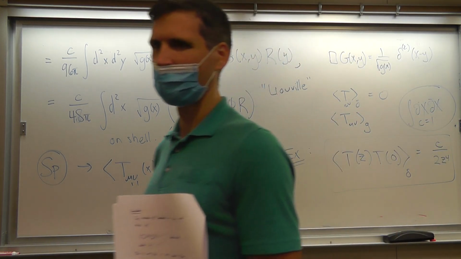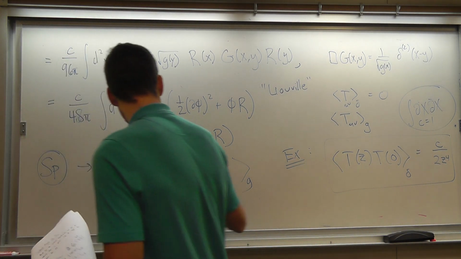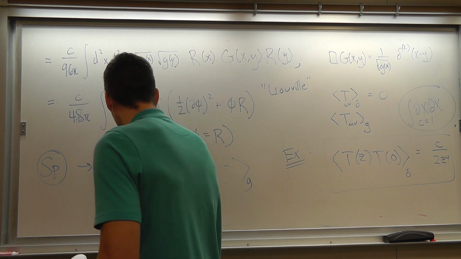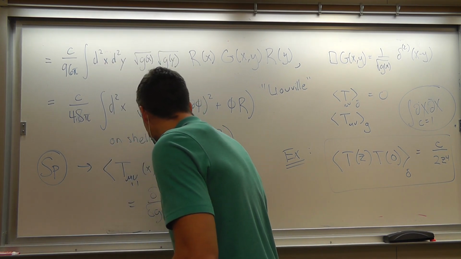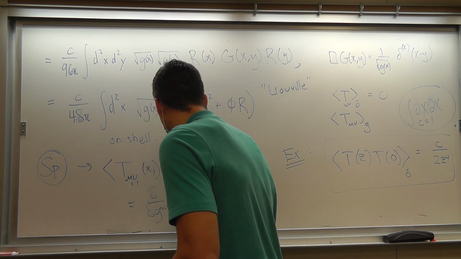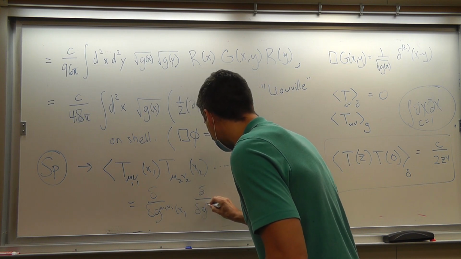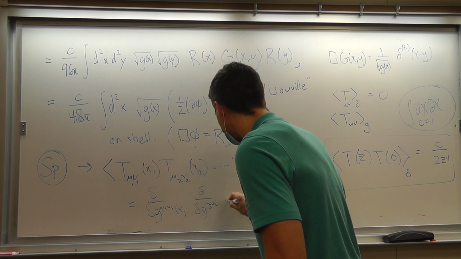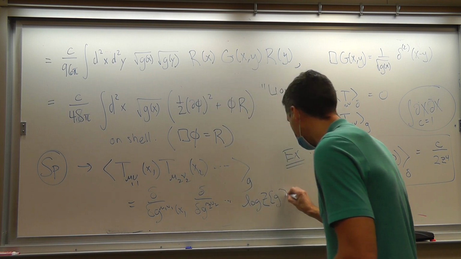I was still confused how we're going from the action to the correlation function. Is that related to the Green's function? Oh, this is just, so the stress tensor correlation functions are basically, by definition, the variations with respect to the metric of log Z of g.